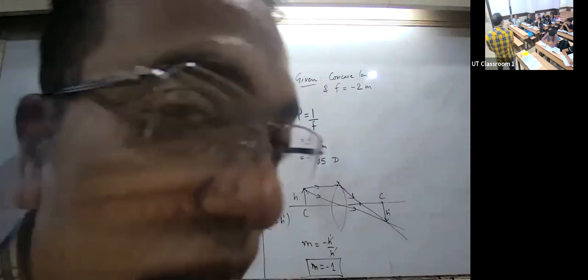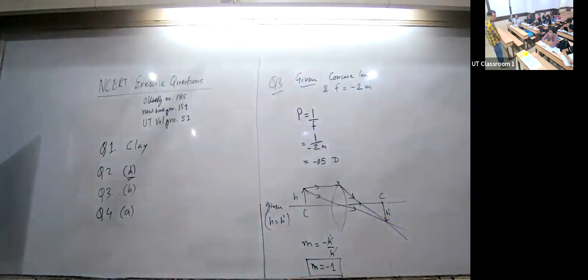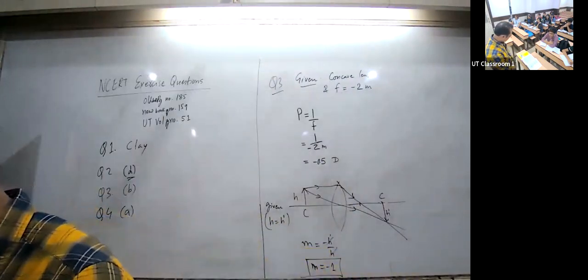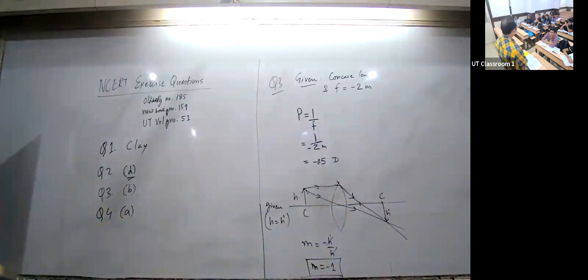You don't get an erect image in convex. What is it? Plane or convex? In a convex mirror, don't you get an erect image all the time? It's only diminished. So the plane mirror image is always virtual, so it will be erect. But is it not virtual in the case of a convex mirror? It is not saying big or small. Read the question. So the correct option will be either plane or convex from the given options.